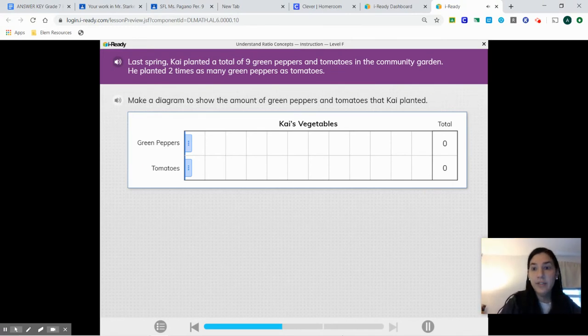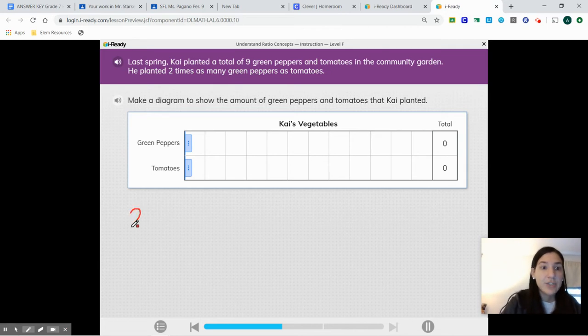Okay, so the way I want to think about this problem, you can't write on here. So we see in our problem, it says last spring he planted a total of 9 green peppers and tomatoes. So altogether, we have to have 9, right? It says he planted 2 times as many green peppers as tomatoes. So if we were to think about that, can I use this?